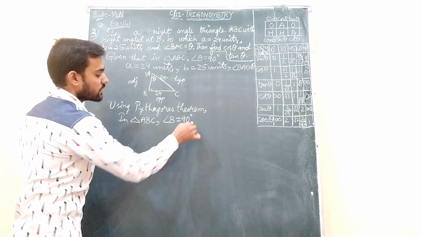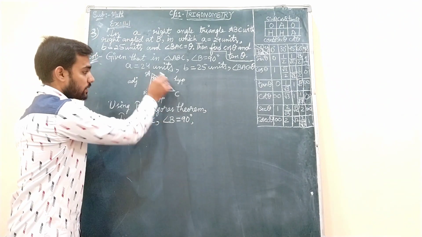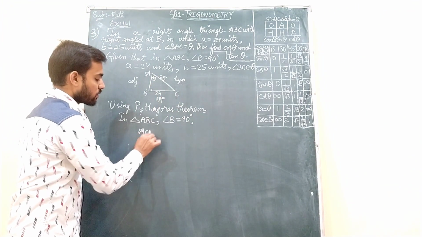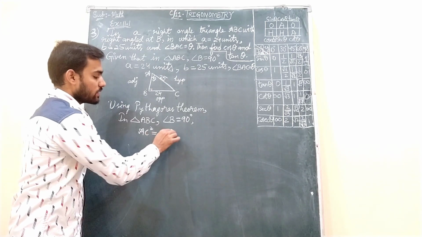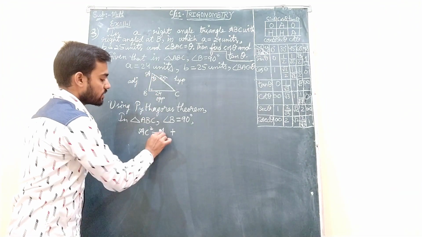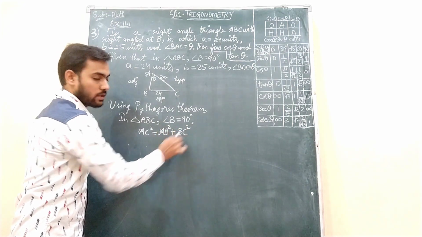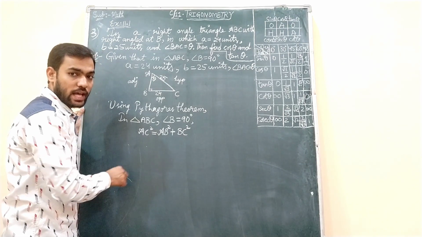So just now we have seen, students, Pythagoras theorem states that the square of the hypotenuse AC square is equal to the sum of the squares of the remaining two sides, which means AB square plus BC square. Understood?